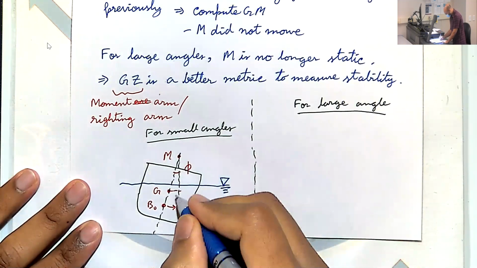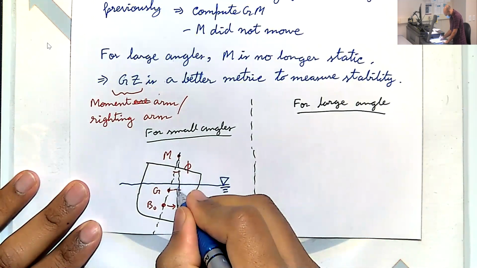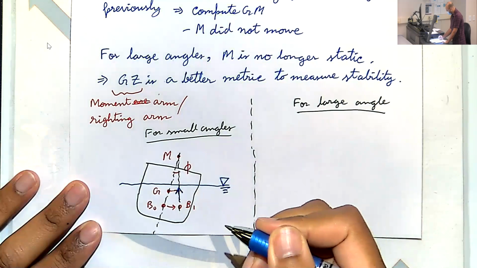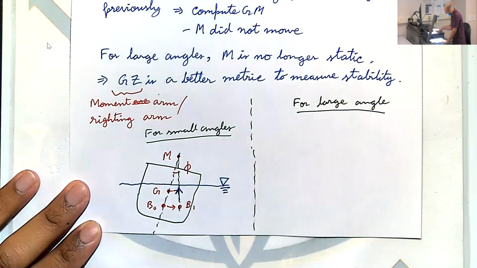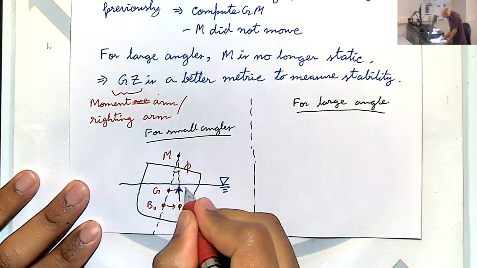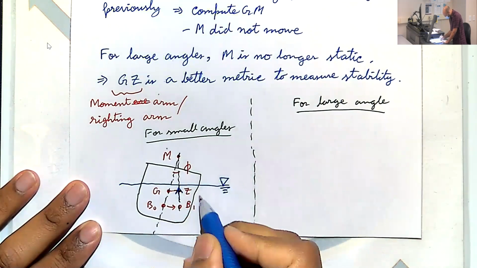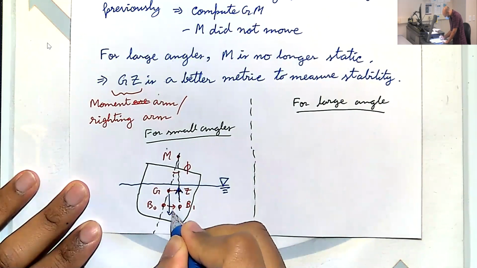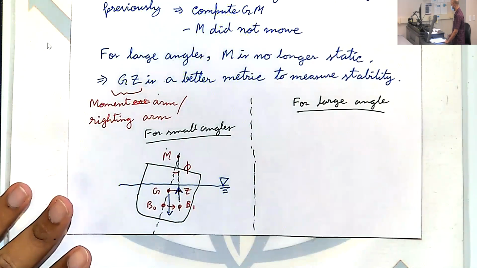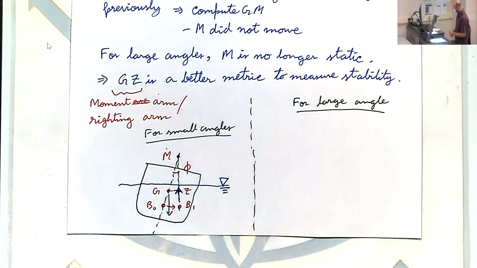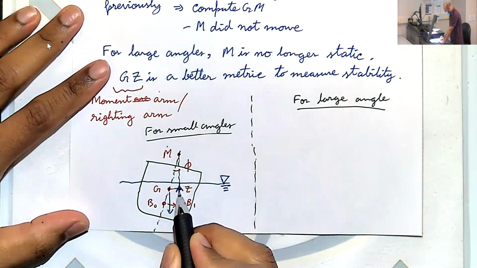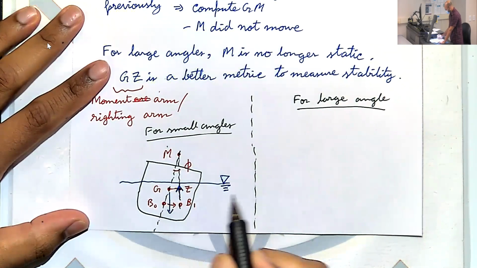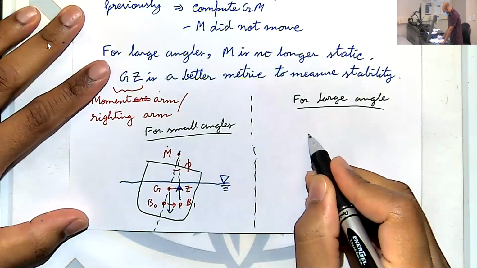Okay, and then in this scenario, we know, we have buoyant force up here. And let me mark this Z, that point is Z. And we have buoyant force acting up there, and we have weight acting downward here. Okay. So this we already know, and we know the moment arm is GZ here. For larger angles, again, we have something similar.